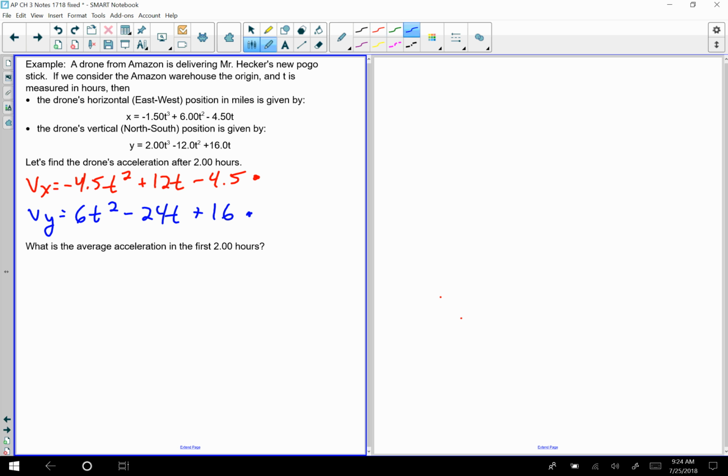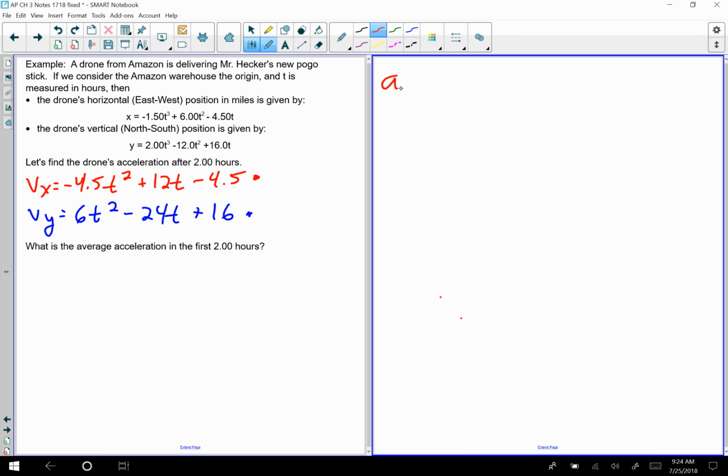Our acceleration in the x direction should be the derivative of Vx with respect to time, right? So take another derivative. Negative 4.5 times 2 is negative 9t plus 12. And similarly, our acceleration in the y direction is the derivative of Vy with respect to time. And that gives us 12t minus 24, right?